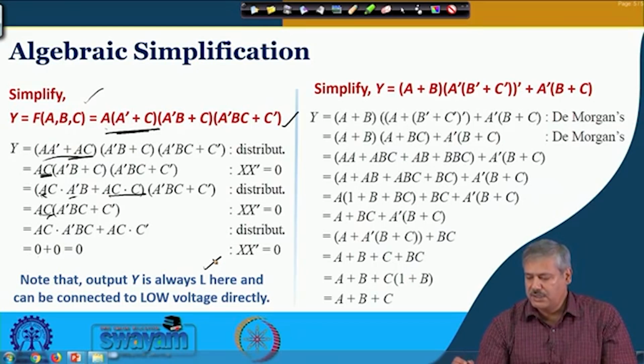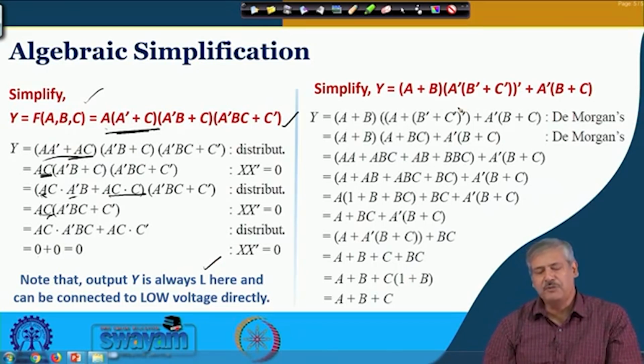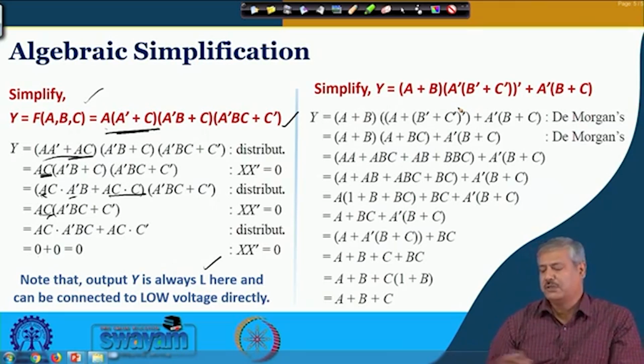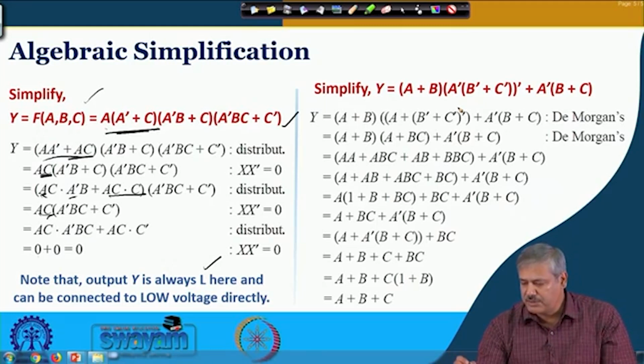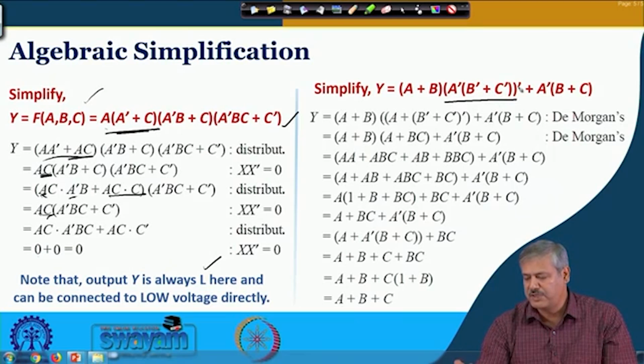Here in this expression, this we have to simplify and then implement. We can go for, again, as I said, direct implementation following the equation, but that may be more complex and not economical.